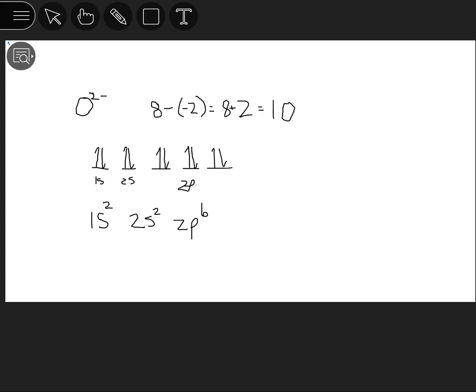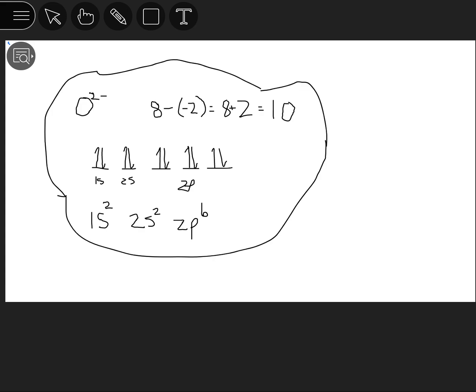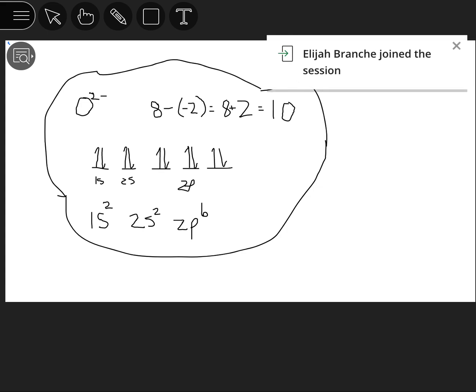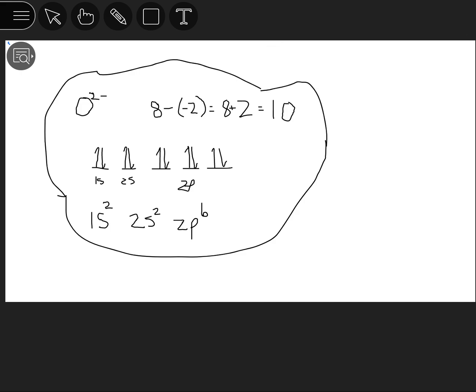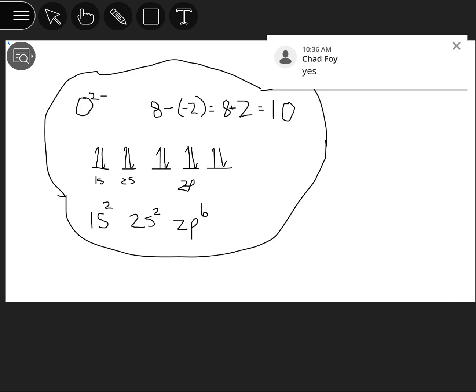Okay? So this is what should be underneath that green stuff, the green arrows, that right there. What I have, some of that is screwed up. All right. Anybody need a second to copy this down? Yes?